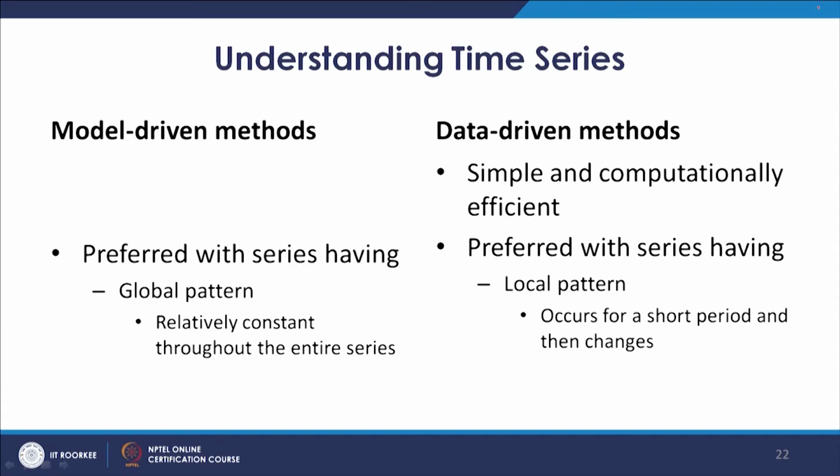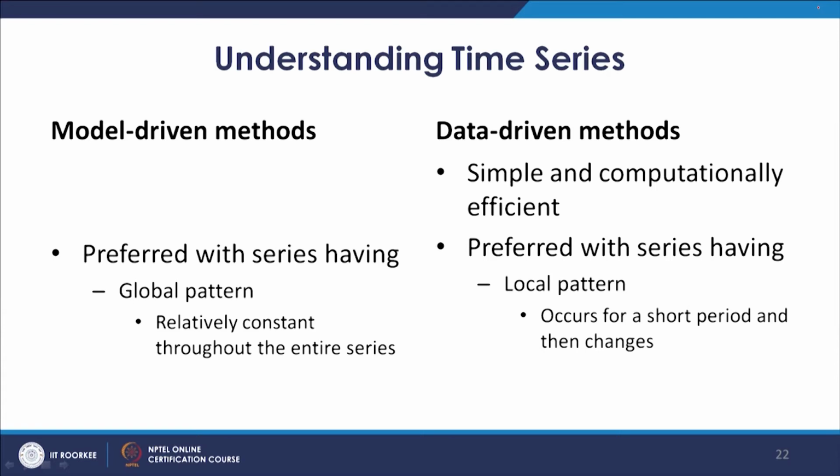When we talk about pattern, more often than not we are talking about the trend component of the time series, and sometimes we might also include the seasonality component. A global pattern essentially means the pattern is relatively constant throughout the entire series. That pattern is clearly present in the whole series, so we refer to that as a global pattern.